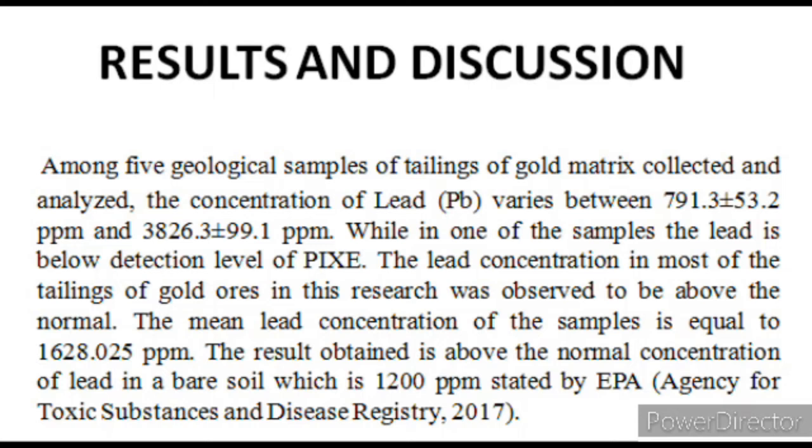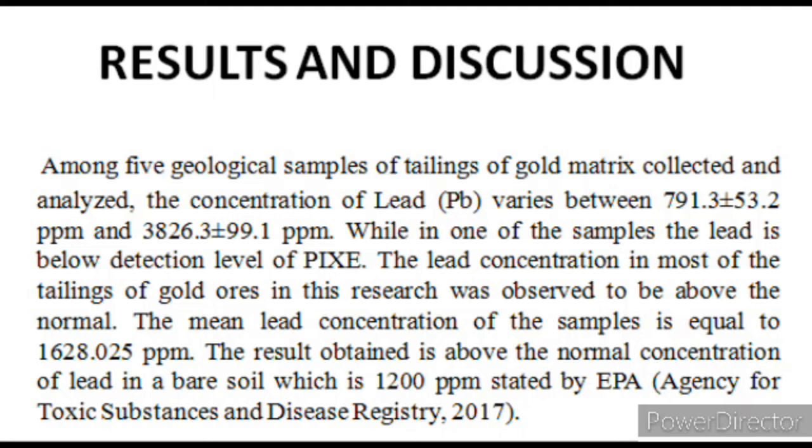Results and discussions. Among the 5 geological samples of tailings of gold matrix collected and analyzed, the concentration of lead varies between 791.3 and 3826 parts per million, while in one of the samples the lead is below the detection level of PIXE.